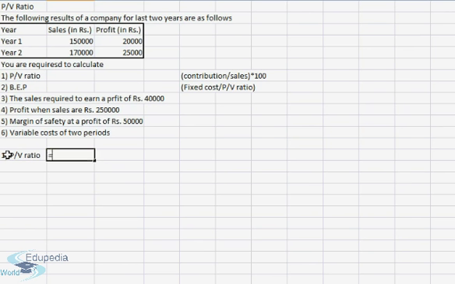So we calculate it with the help of change in contribution divided by change in sales, or here we can use change in profit and divide it by change in sales, then we'll multiply it by 100. So our PV ratio is 25%.